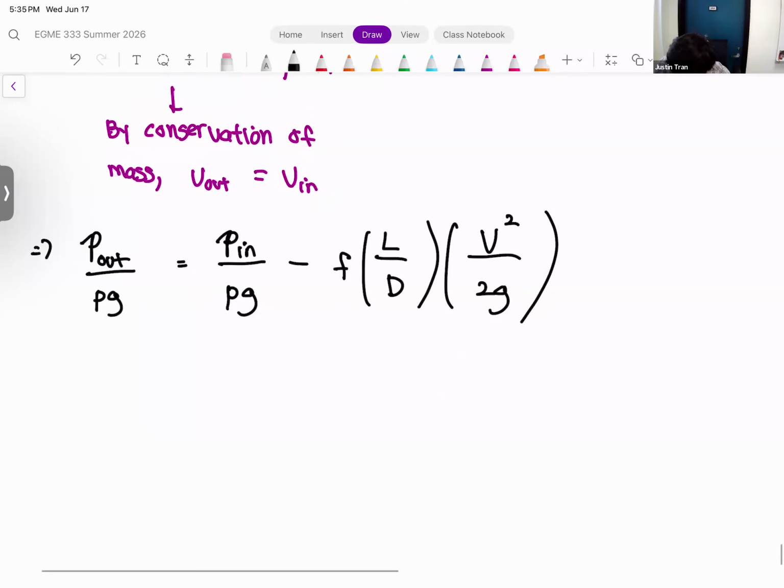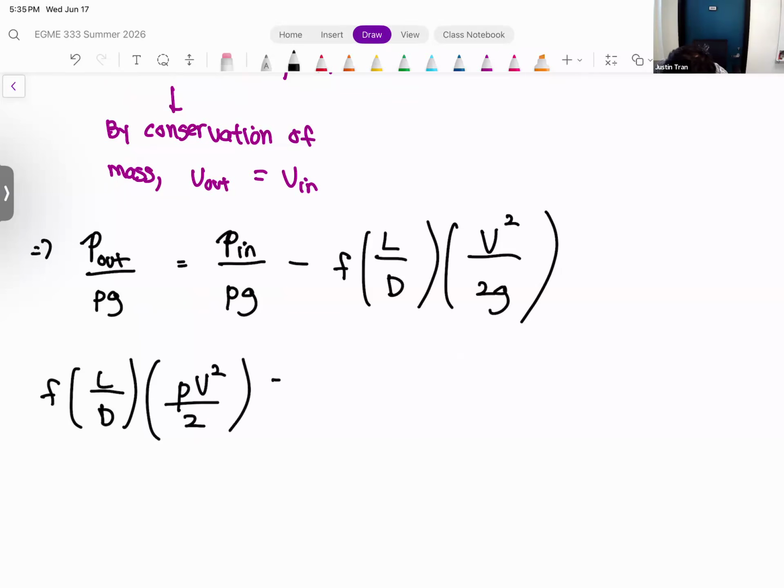Then we get f times L over D times rho times g. The g's are going to cancel out, and so we have rho V squared divided by 2 is equal to P in minus P out, which we know is equal to the pressure drop, delta P.